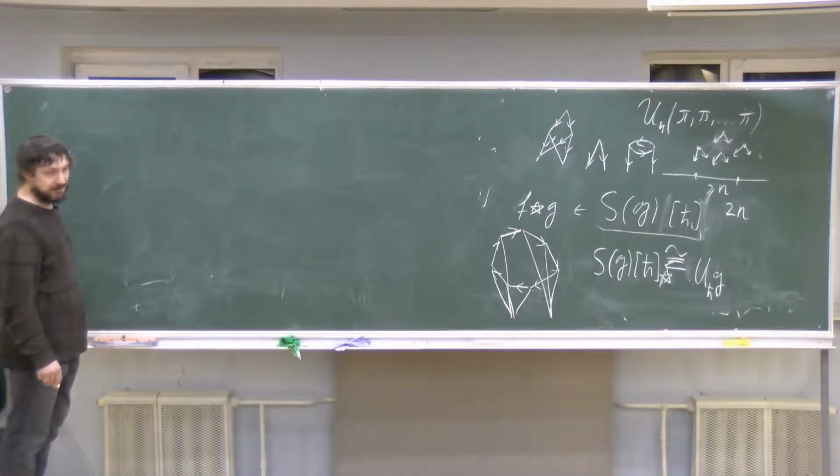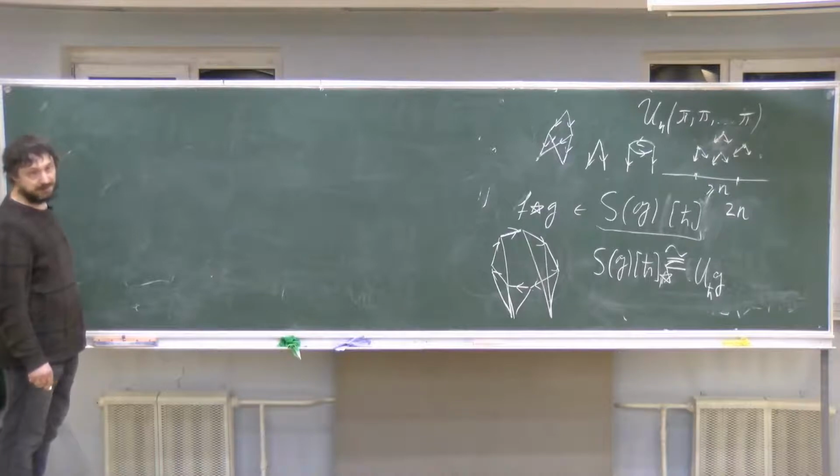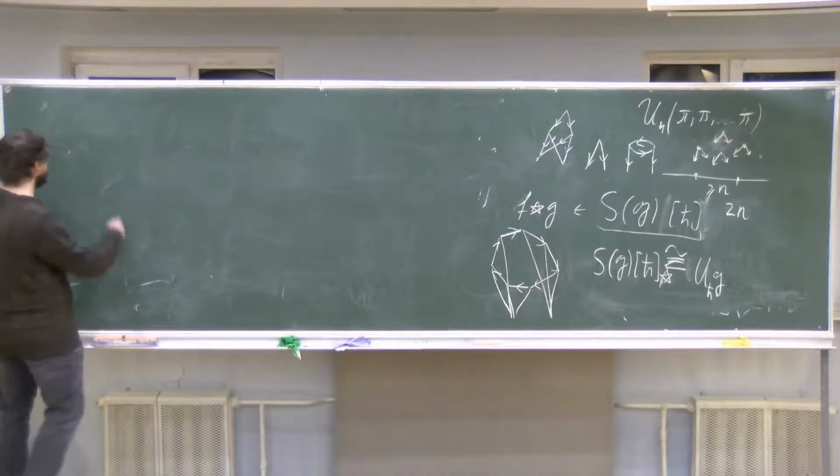It actually allows you to transfer a little bit of structure from the Poisson side to the associative side. One of the structures is the center.